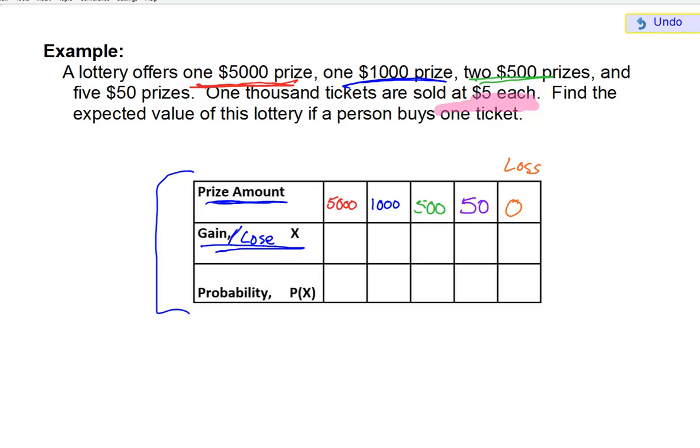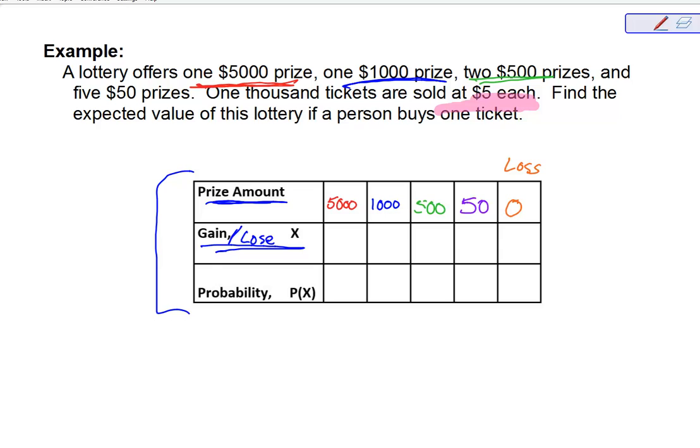So what we're doing is we're going to take our prize amount and see how much we actually won. If we pay $5 and we win that $5,000 prize, we didn't actually win $5,000. We won $5,000 minus how much we paid.